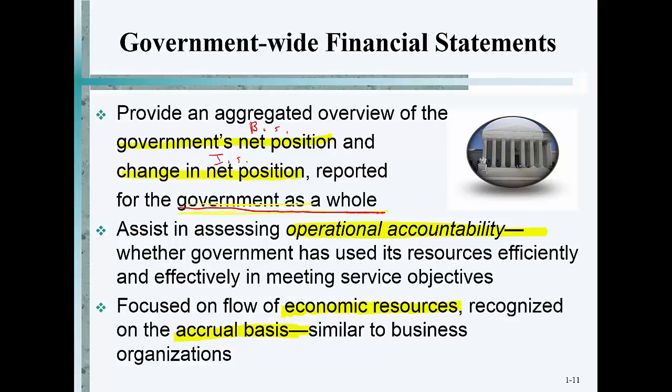Okay, this is a consolidated statement, so it gives us information as a government as a whole, and we will use accrual accounting, economic resources measurement focus, and we will be using operational accountability. Now you look at all that and you think, well, what the heck is all that? What's accrual accounting?